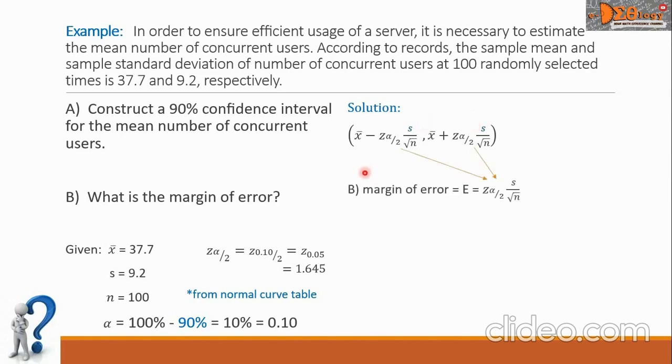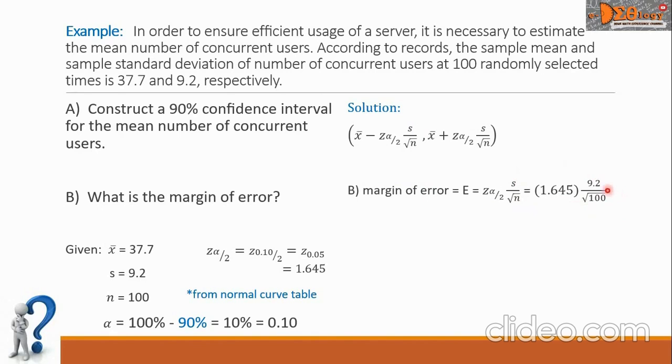Now, we can start solving letter B, the margin of error, denoted by E. This value here is the margin of error, so we copy it here. Substituting the corresponding values, we have now the z sub alpha over 2 is now 1.645 times the fraction, and the s becomes 9.2 over the square root of n, square root of 100.